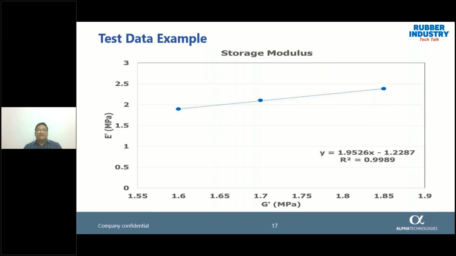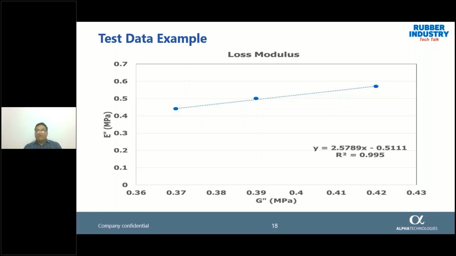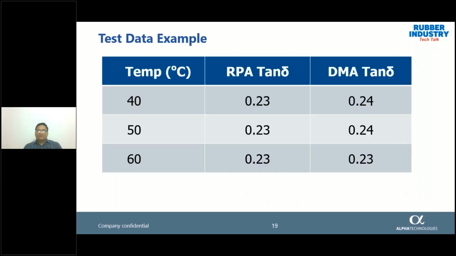Now you can see the data at 30, 40, 50 and 60 degrees centigrade, the R square value is 0.99. For loss modulus, again it is a very good correlation, and when you look at the ratio of loss modulus to storage modulus, you can see the values are almost similar from RPA as well as from the DMA.